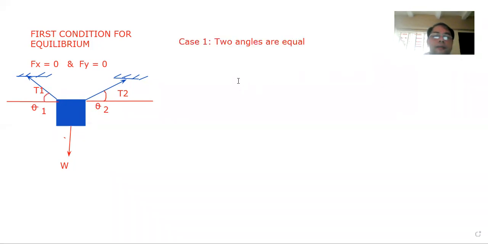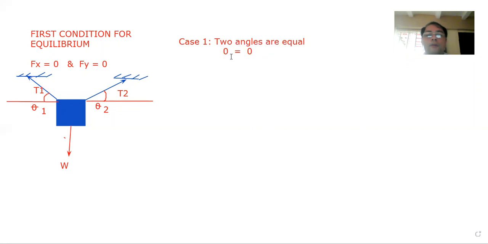Those are their conditions. So again, now we split the situation here. Case 1 is when our angles happen to be the same. What is its implication? What will be its effect on the tension of the cable when the angles that are forming horizontally are the same? By that we mean that theta 1 equals theta 2.